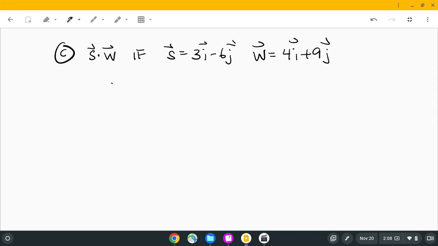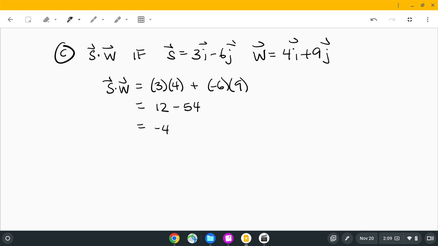All right, so s dot w is going to be 3 times 4 plus -6 times 9. So we get 12 minus 54, and we get -42. Always a scalar, no matter what form we have, whether you have component form or vector component form, the ij form.